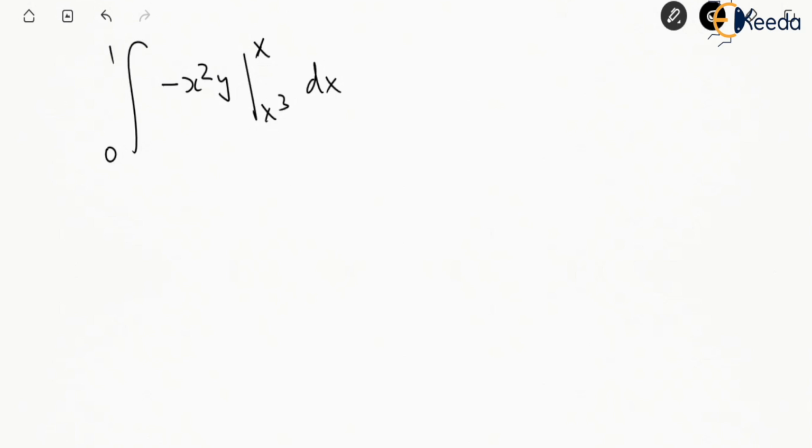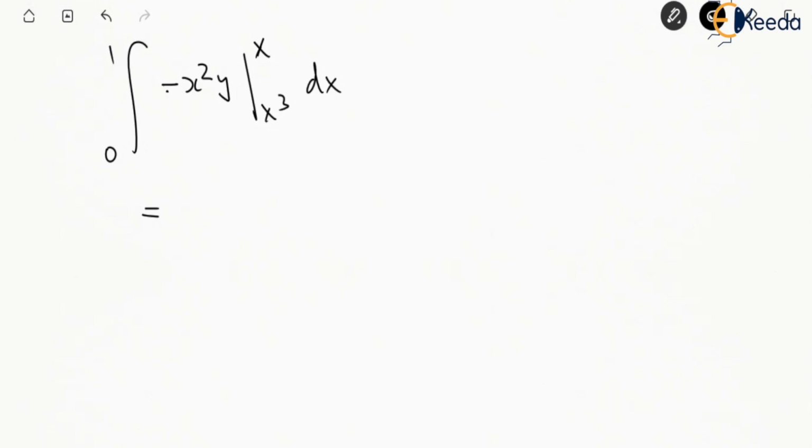This will give you minus x cube. So using this negative sign, we can change the limits. The upper and lower limit can be exchanged, and this becomes x square and x cube.